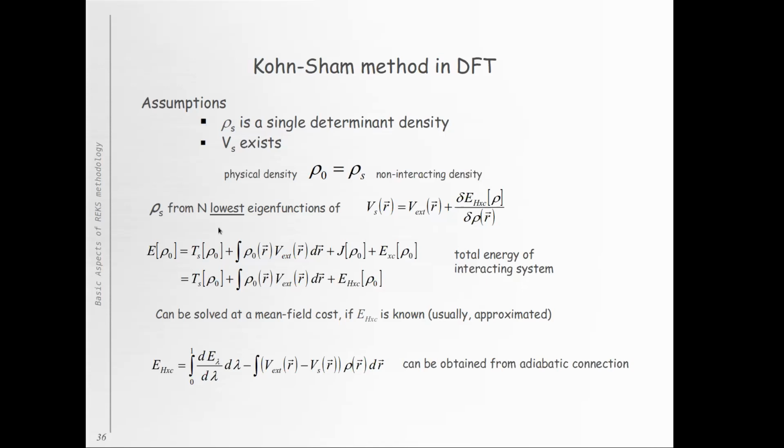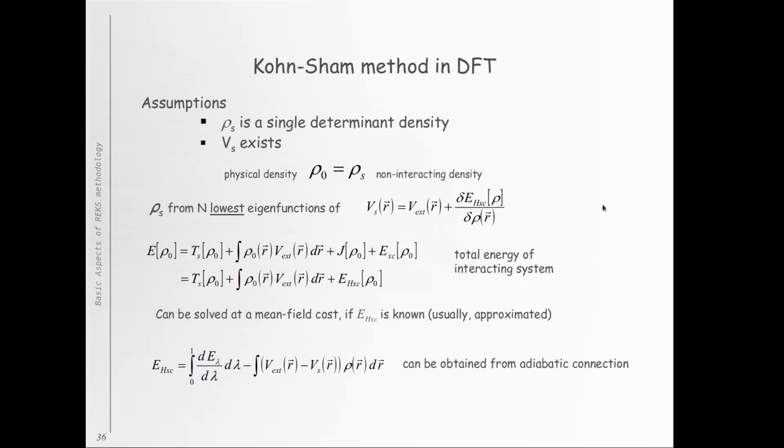And from these orbitals, we find the density of the interacting system, because both are supposed to be equal. So it gives us a practical way of implementing the Hohenberg-Kohn theorem in practical calculations.